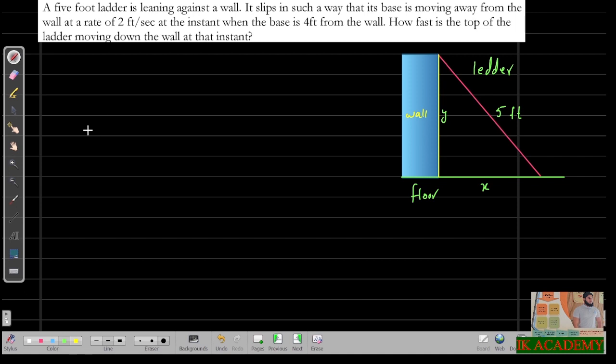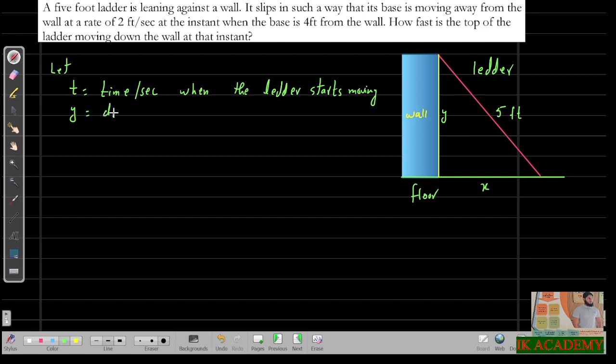First of all, let me define some terms. Let t be the time in seconds when the ladder starts moving. When the ladder starts moving, let y be the distance from the top of the ladder to the floor.